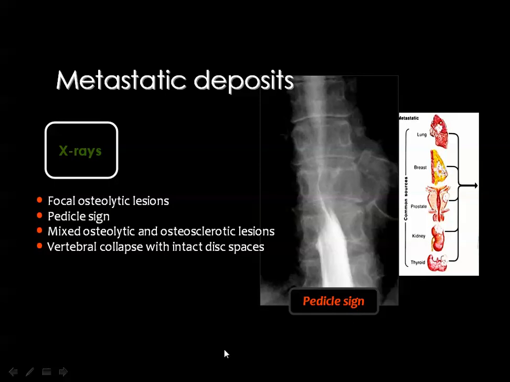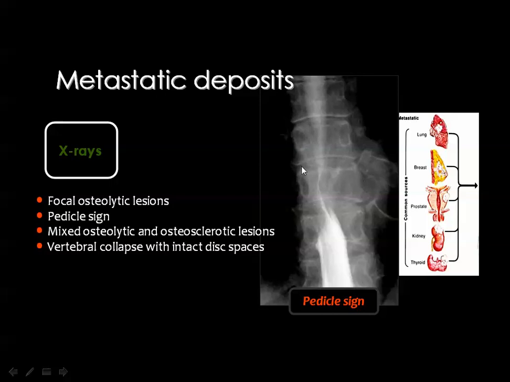One of the pathognomonic signs of metastasis in the spine by the plain X-ray is known as the pedicle sign. And this means that whenever you are looking at the vertebra, you can see the pedicle on the left and the pedicle on the right.